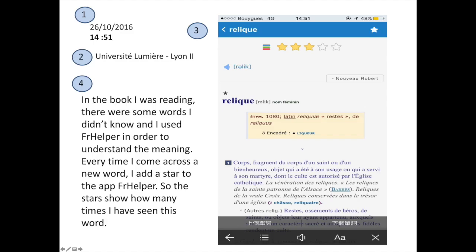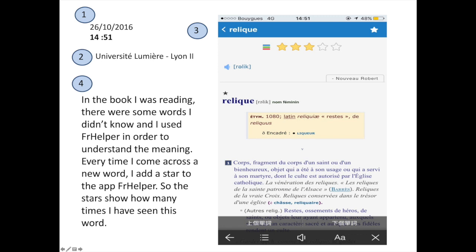That's very correct. Right, I'll give you an example now of the kind of data we got. You would have the date and the time, the place, so here they were on campus. You would have a screencast of their phone. Here they were looking for the word relique, which is pretty simple for English and French speakers because it's the same kind of word, with a definition and some kind of context.